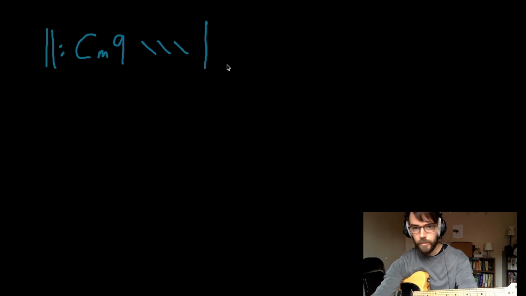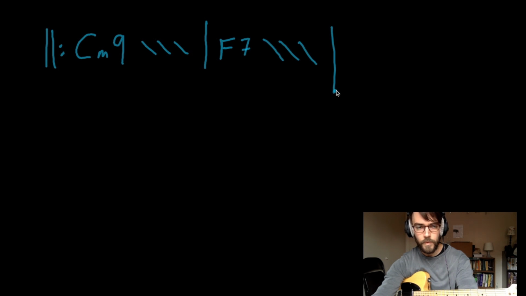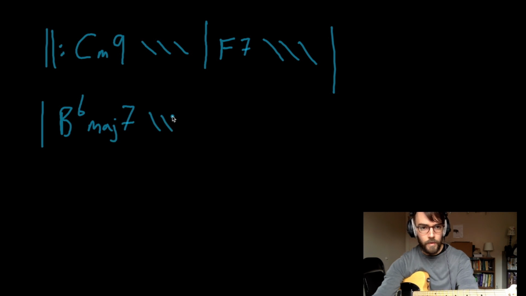Then we switch to F dominant 7. And then we move on to B flat major 7 again. Alright, and then that just repeats. So just 2 measures of that. And then we repeat the whole thing.